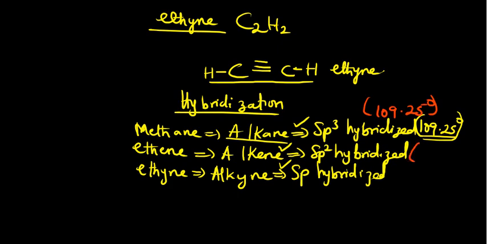Then if they ask you what's the bond angle for ethene, it is what? 120 degrees. If they ask you the bond angle for ethyne, that is what? 180 degrees. If you look at this structure yourself, see how it looks like. It's like angles on a straight line. So that's why we said it is 180 degrees. I hope you understand.